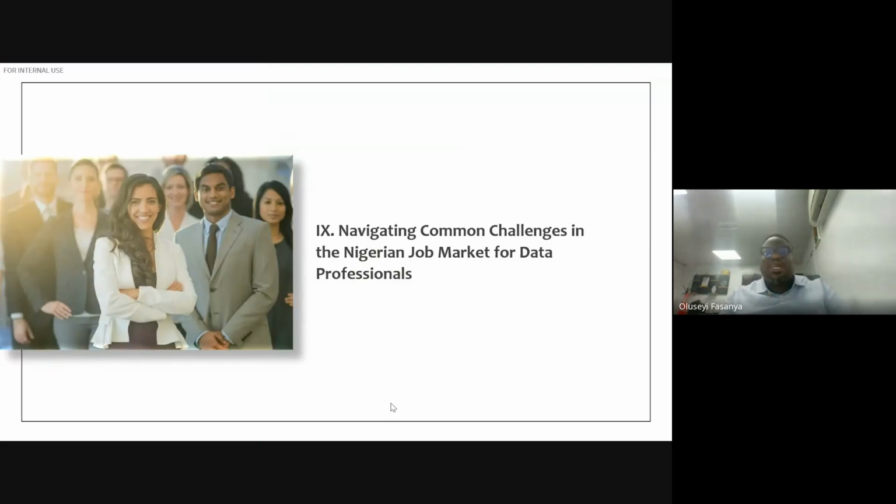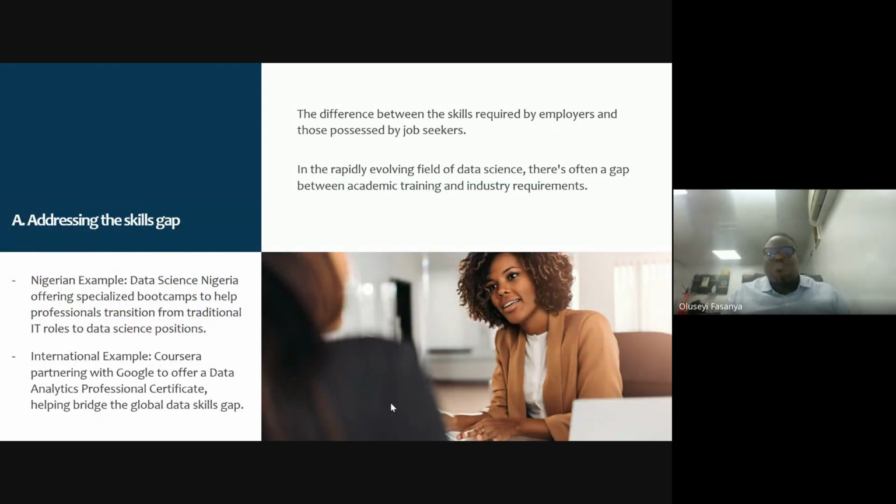So how do we then navigate common challenges in the Nigerian job market for data professionals? Number one, addressing the skill gap, the difference between the skills required by employers and those possessed by job seekers. I told you earlier, we have a dearth of skilled people in data analysis and IT, even within organizations, and we're looking at bringing people on board who will bring immediate value.